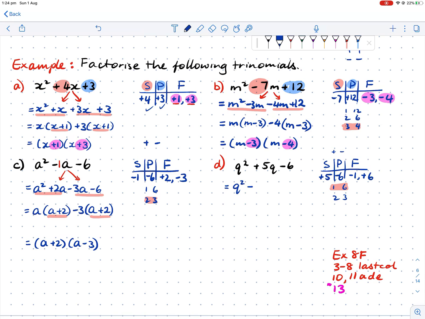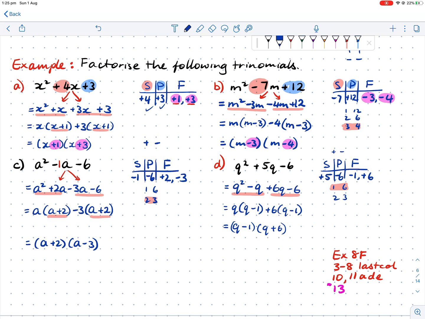So q squared minus 1 lot of q plus 6q minus 6. So q is common in there, and what we have left is q minus 1. When we look at the second pair of terms, then 6 is common, q minus 1. Again, there's your common bracket, q minus 1, q plus 6.